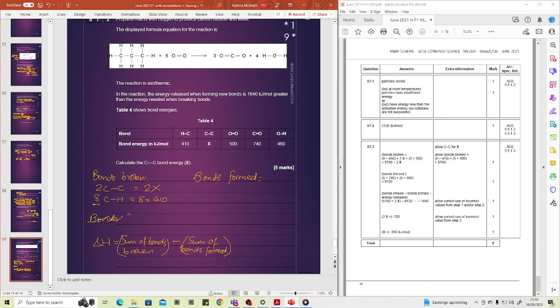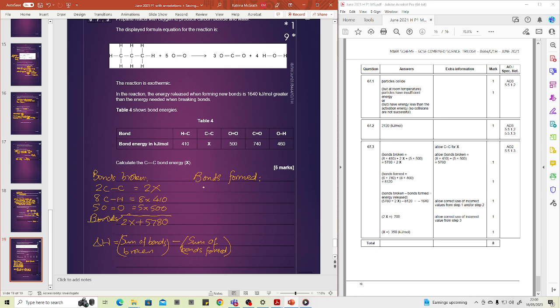And we have 5 O double bond O, equals 5 times 500. Adding all of those together, we get 2x plus 5780 kilojoules per mole.